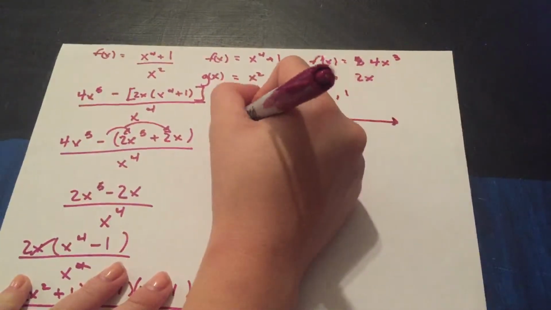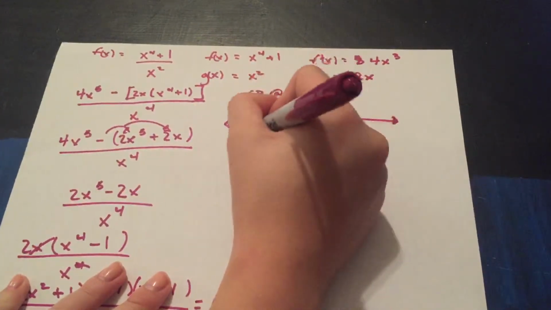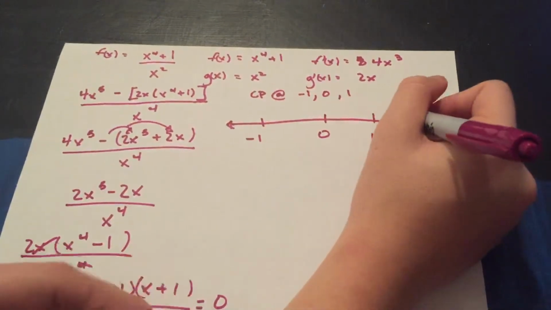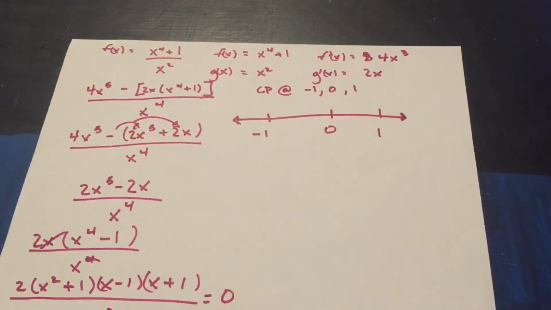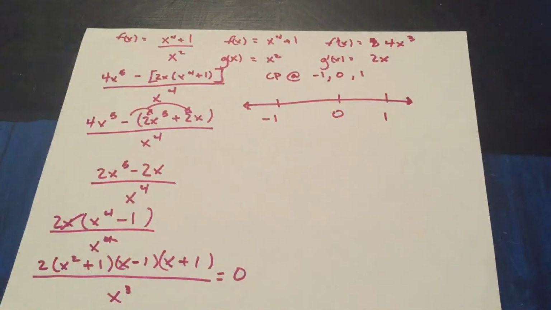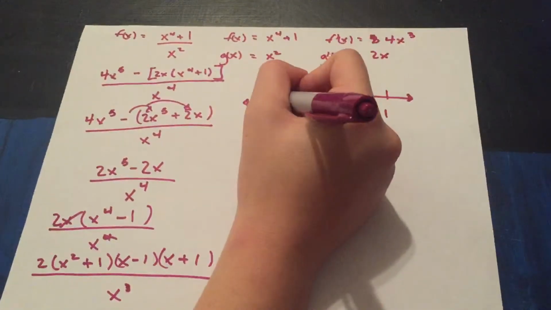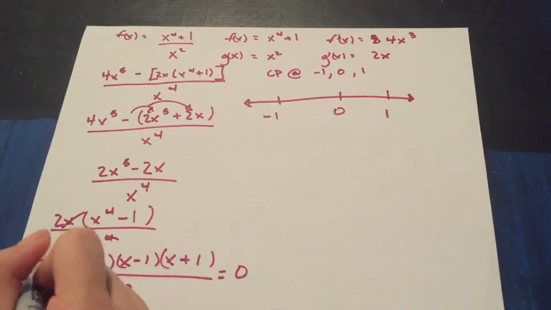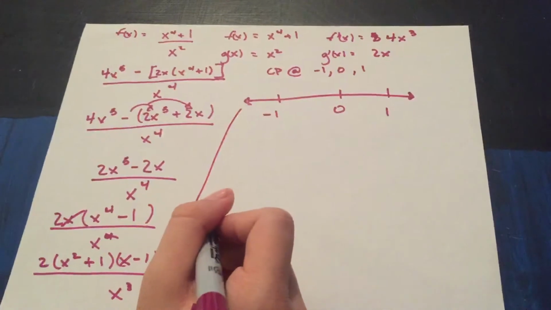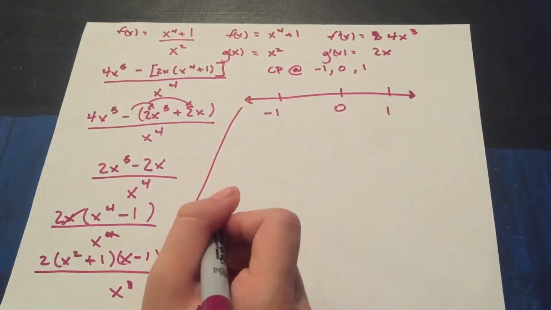Okay, so we have our number line. We're going to have -1, 0, and 1. Now, remember, when you plug in your test values, you always plug them back into the derivative. So if we use -2 here, we plug in these values into the derivative.